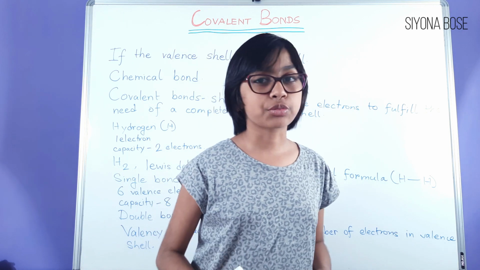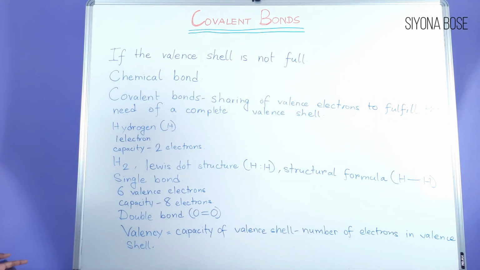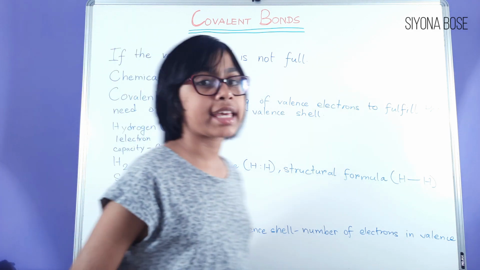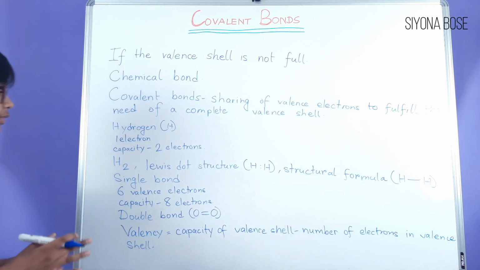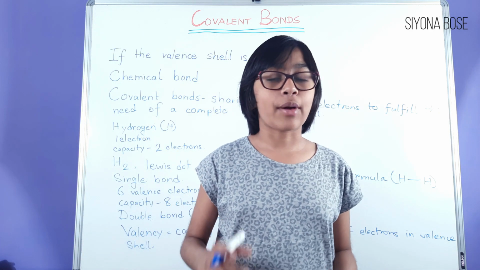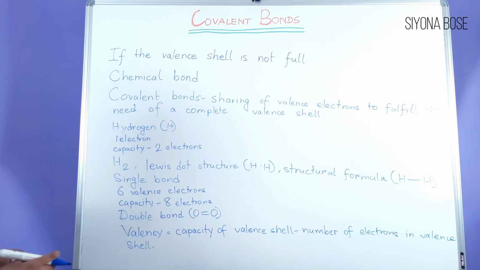One example I already gave was nitrogen. Another example is oxygen, whose capacity is again 8 electrons, and the number of electrons in the valence shell is 6. So 8 minus 6 gives us 2, which is the valency of oxygen.